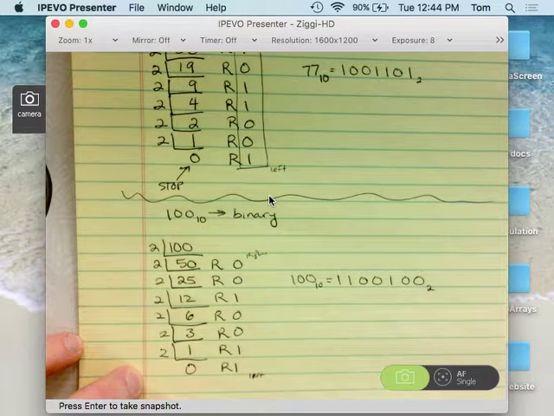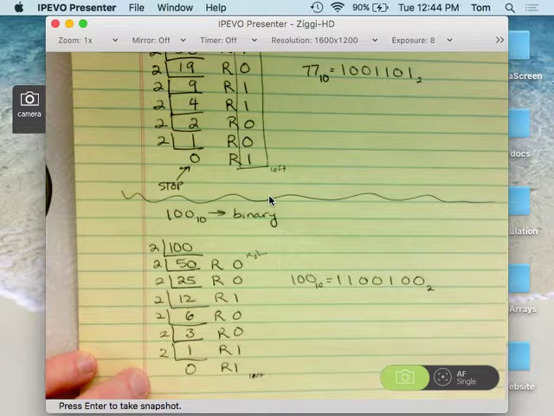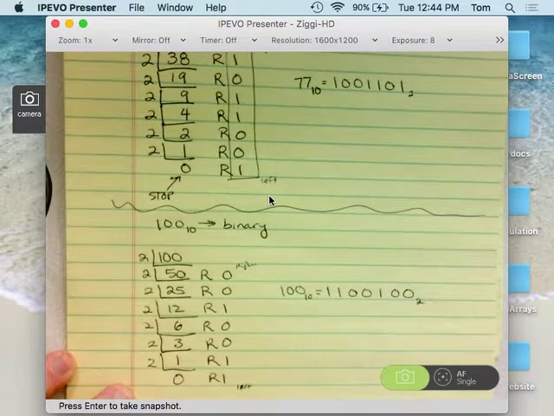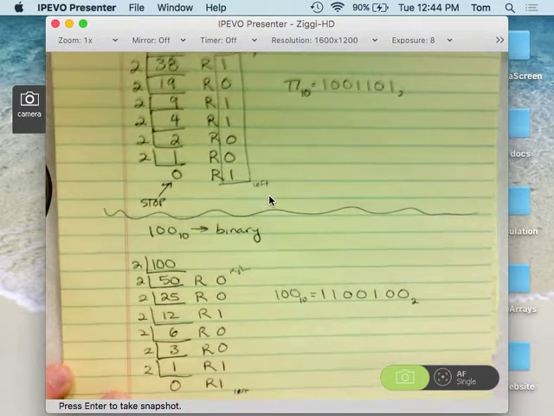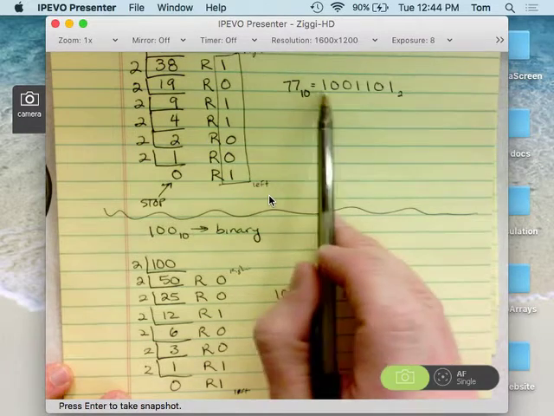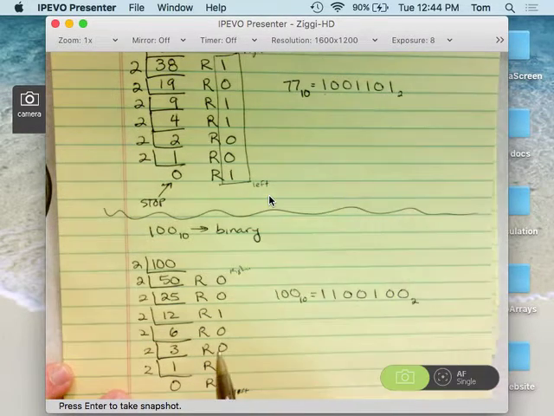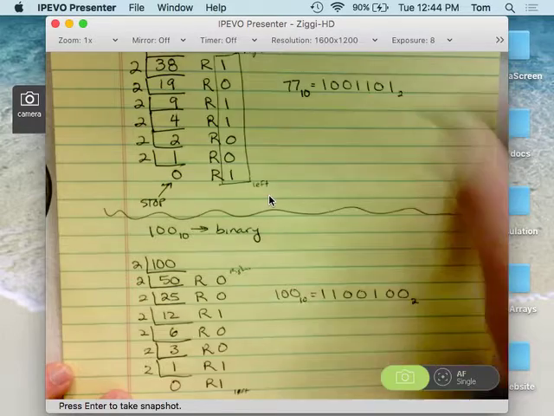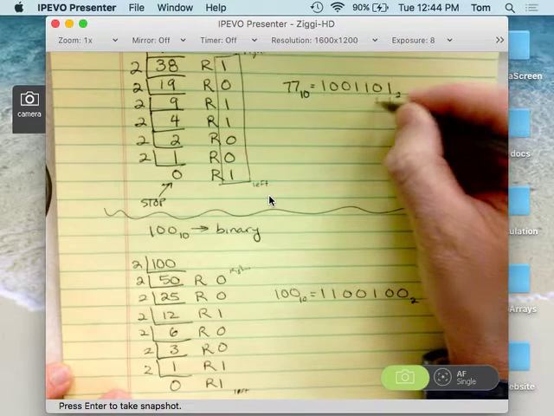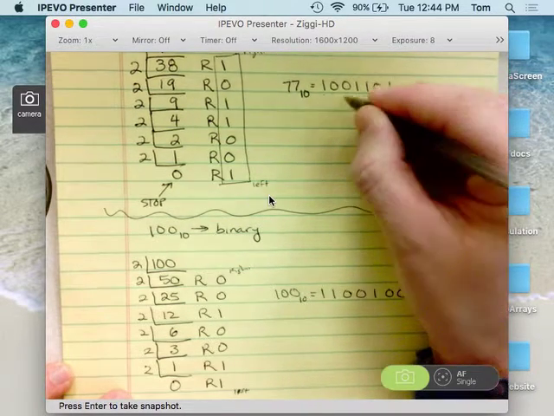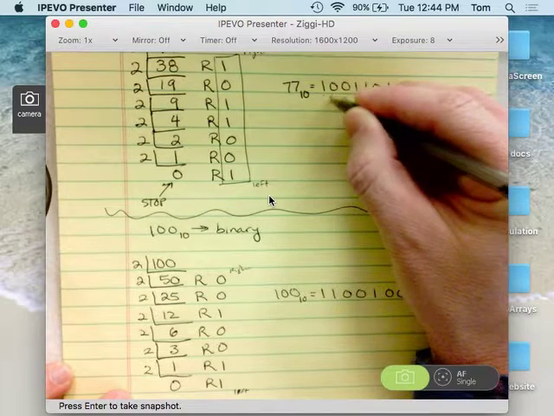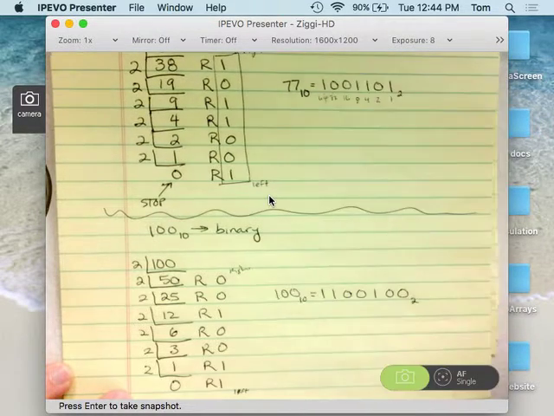All right, let me give everybody a quick way of checking your work. So let's go back to this one. We said 77 is 1001101. This is how many 1s, 2s, 4s, 8s, 16s, 32s, and 64s I have.